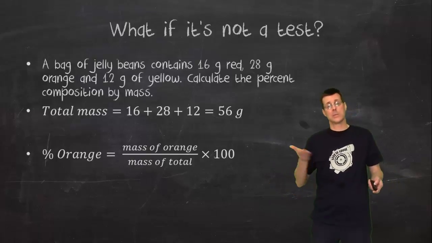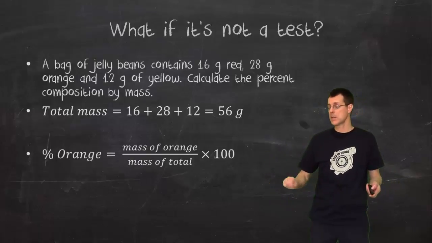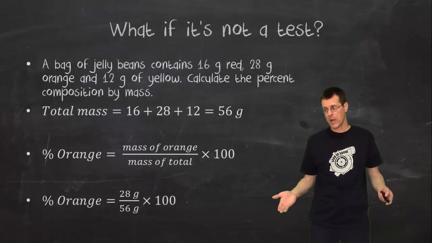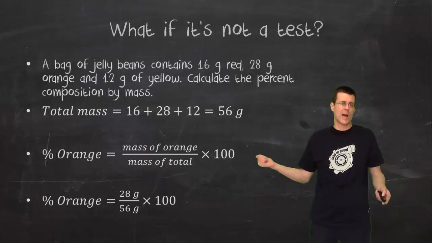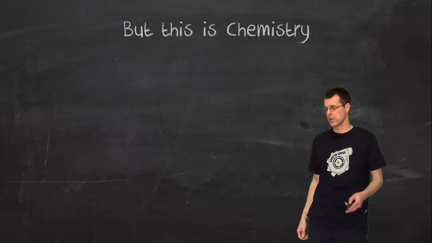Much like a test, the amount that I got right divided by the total amount of the test. The amount that is orange divided by the total amount of jelly beans. Do that kind of math and I end up with, oops, I thought I actually had the percent there. I don't. I don't really care how many orange jelly beans there are.